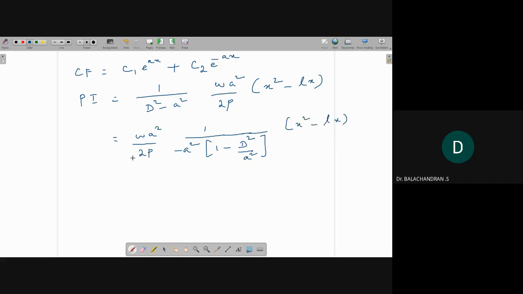So a square gets cancelled, minus omega by 2p into (1 minus D square by a square) whole power minus 1, into x square minus lx.